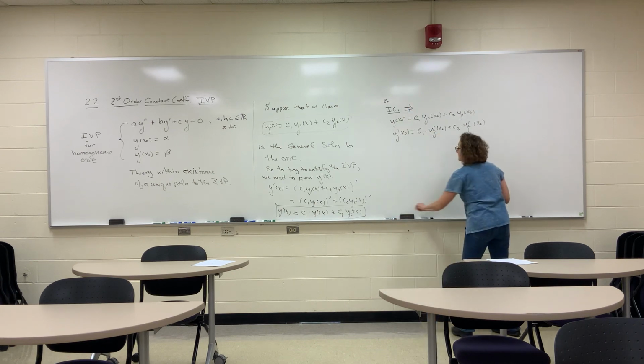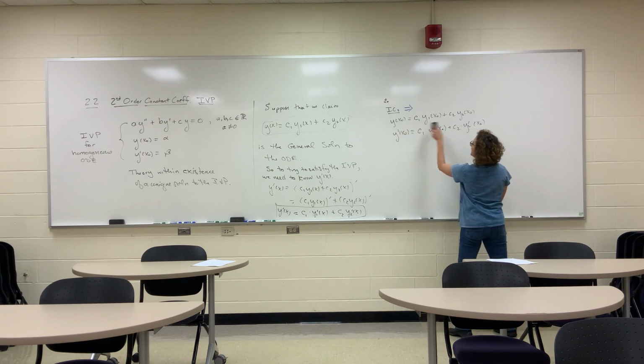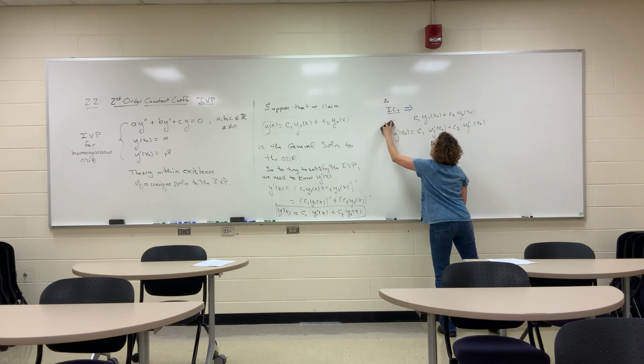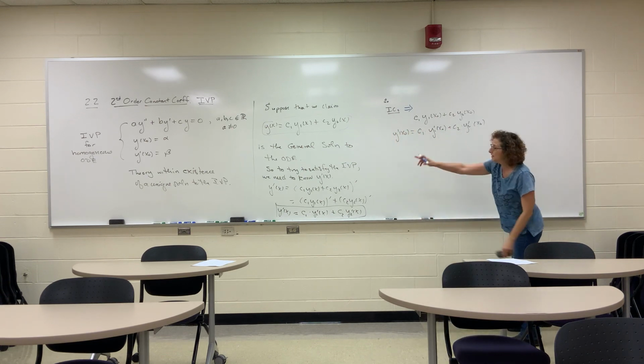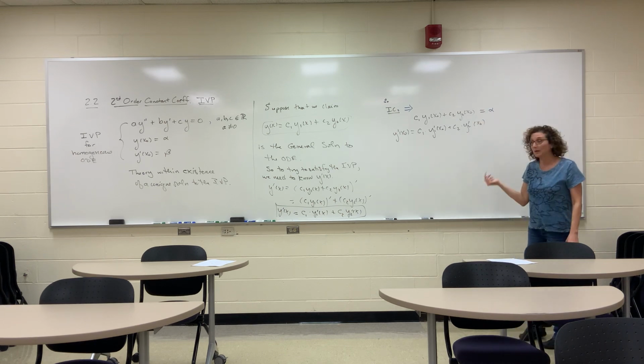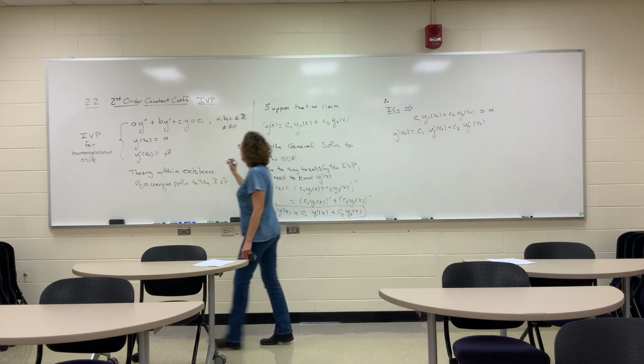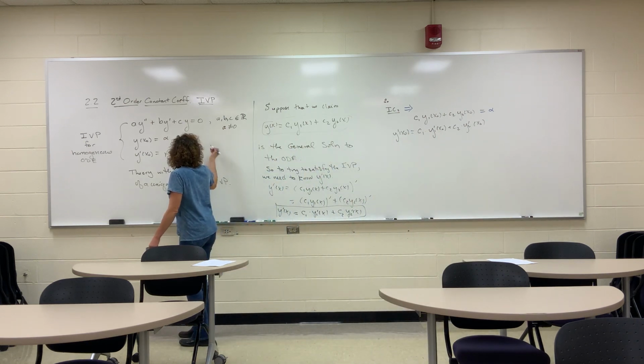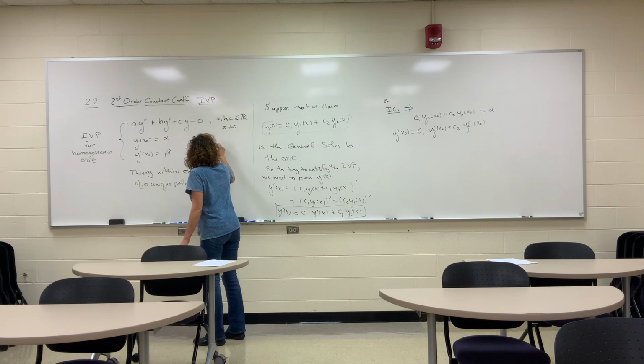What do we want y evaluated at x naught to be? We want it to be alpha. And what is alpha? Some given real number. Alpha and beta are given. Alpha and beta are real.